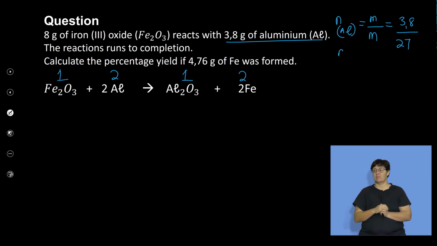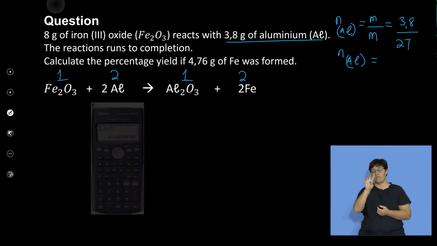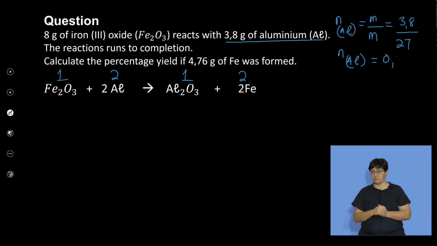So how many moles of aluminium do we have in this case? We can quickly go to our calculator. We've got 3.8 divided by 27. So in this sample, there's actually 0.14 moles of aluminium. Equally so, we want to ask ourselves, how many moles of iron 3 oxide are present in 8 grams?